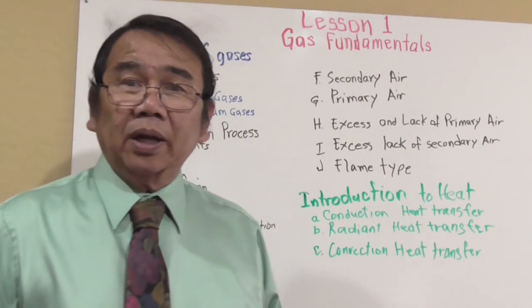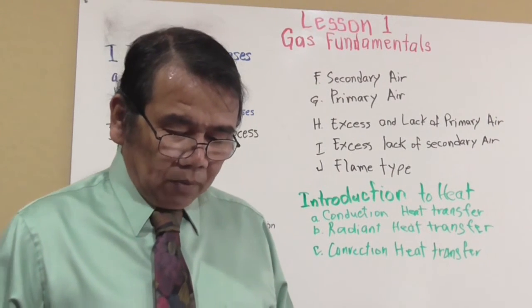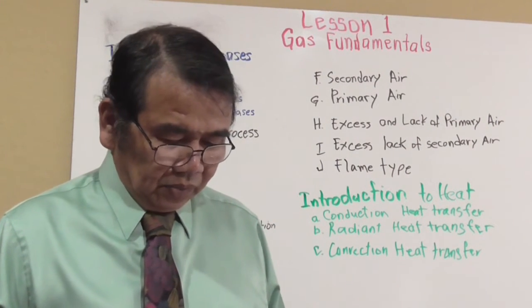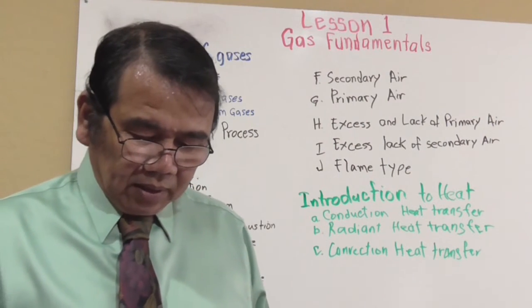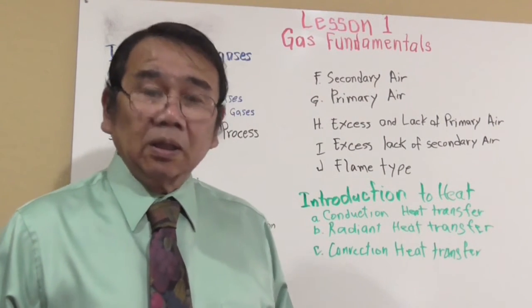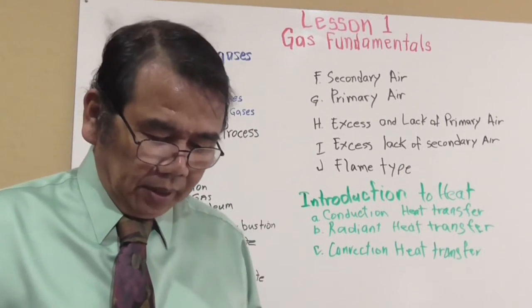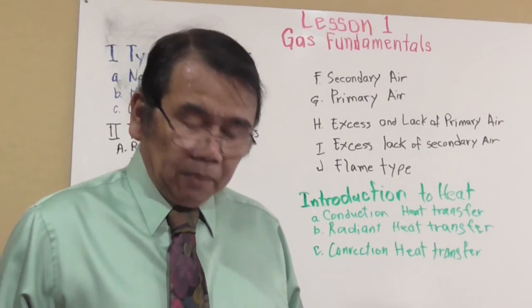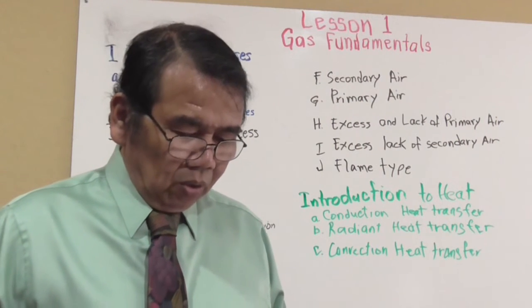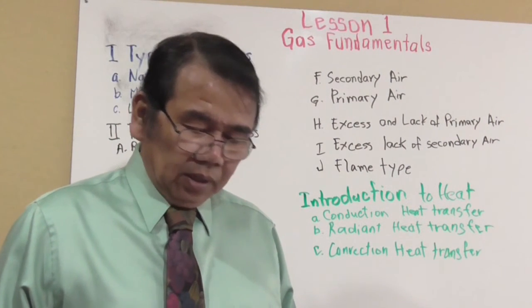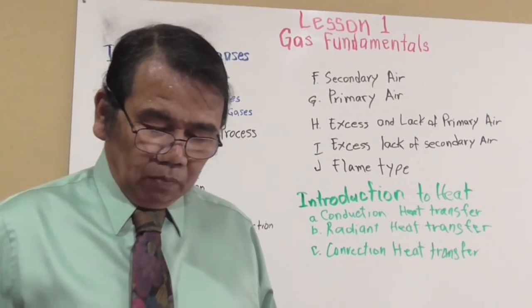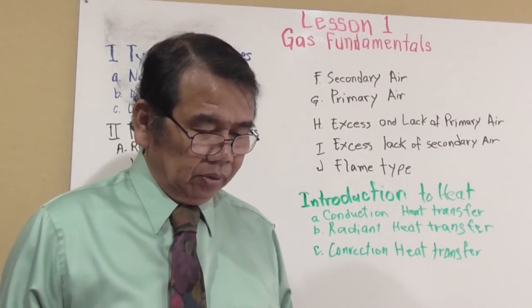And then the other one, excess and lack of secondary air. With excess secondary air, the flame may possibly blow out. With insufficient secondary air, the flame will float, looking for oxygen, resulting in incomplete combustion.